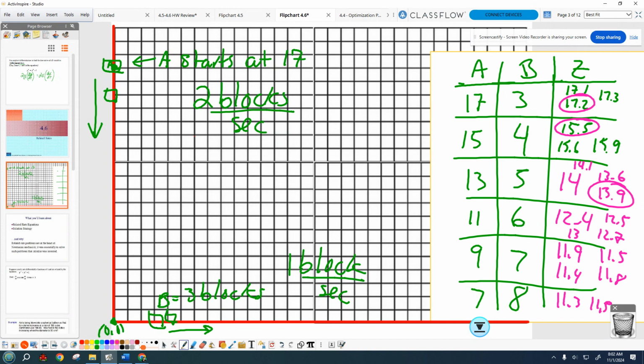Okay, all right, here's the deal. What you are doing is measuring that distance.